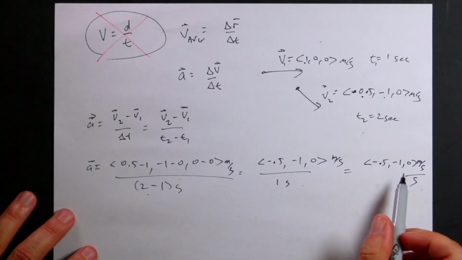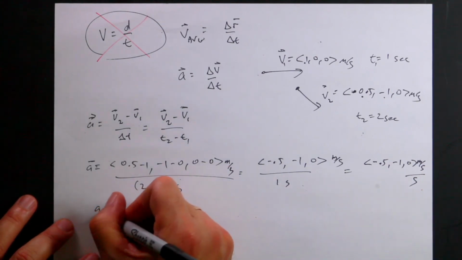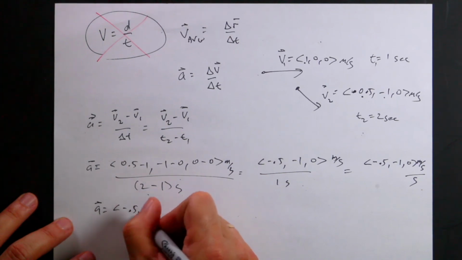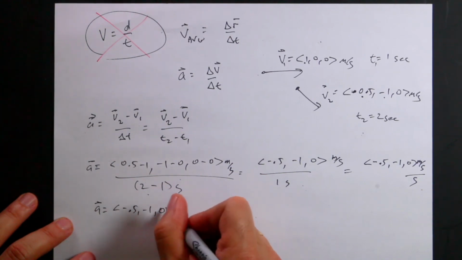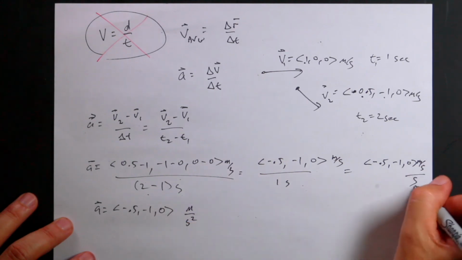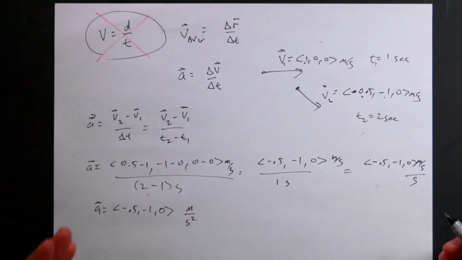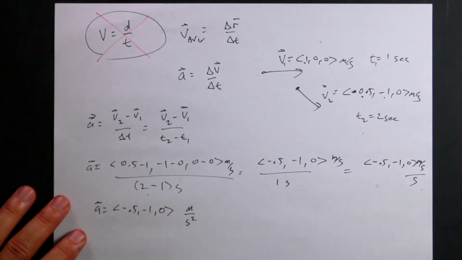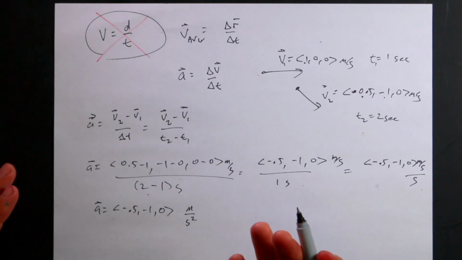So it's technically meters per second per second, but a lot of times we would write this as the acceleration of negative 0.5, negative 1, 0 meters per second squared, because it's like seconds and seconds divided by it. It's really meters per second per second, but we like to write it as meters per second squared. Okay, so now we know the definition of acceleration.